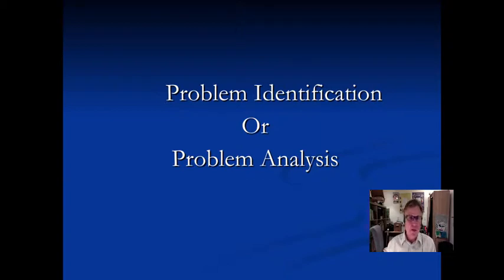And then the next part is trying to come up with possible policy solutions. So the problem identification step really provides the framework. You've got to get this step right. You have to have a sufficiently clear understanding of the problem if you hope to come up with some reasonable policy solutions.